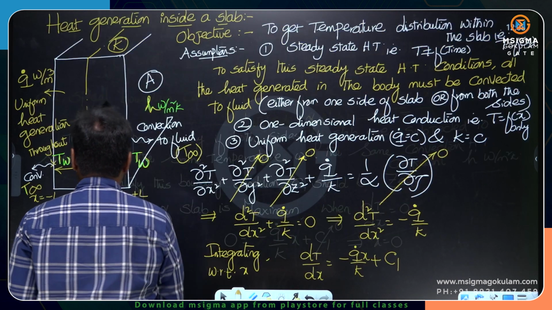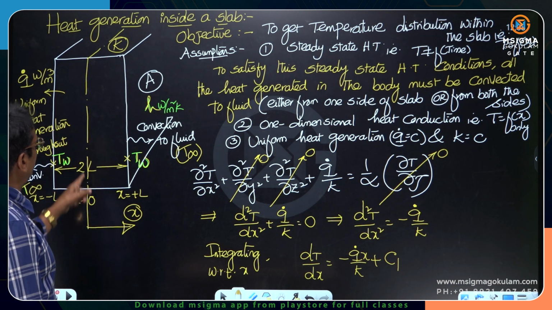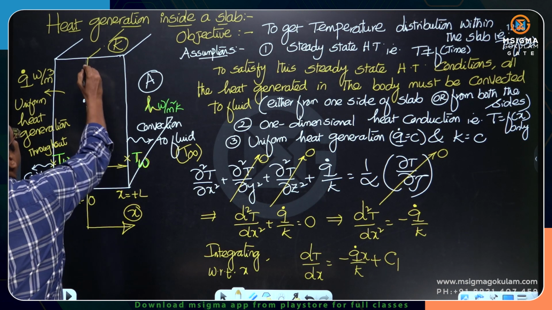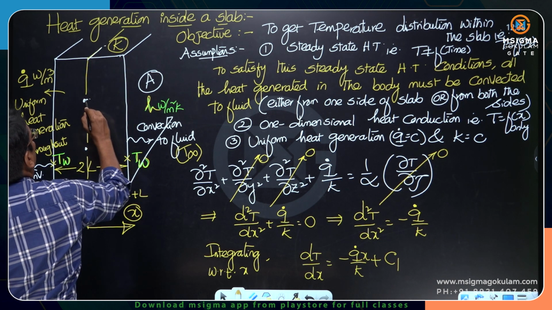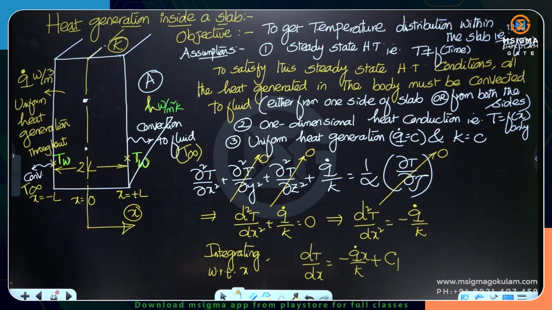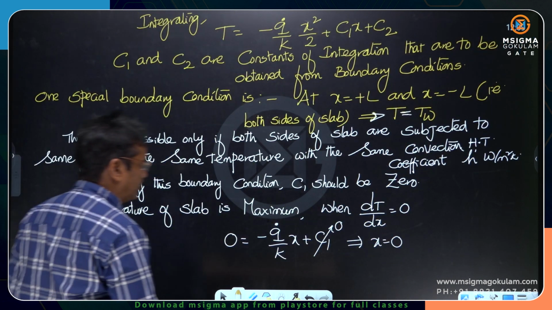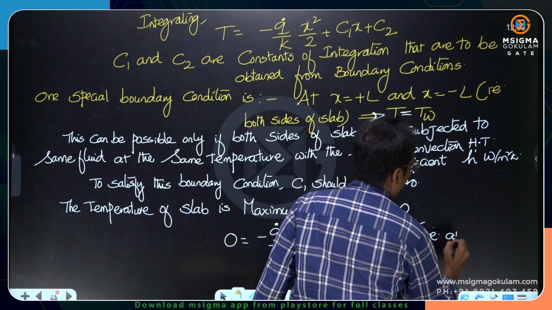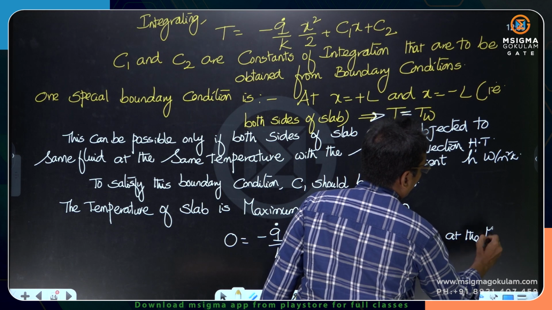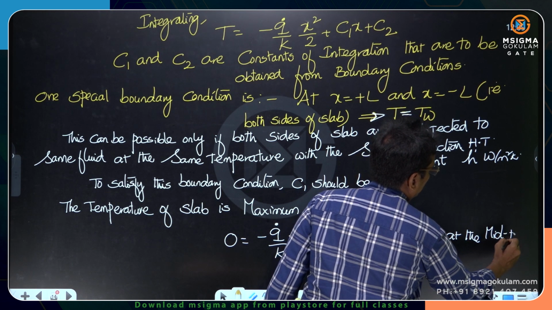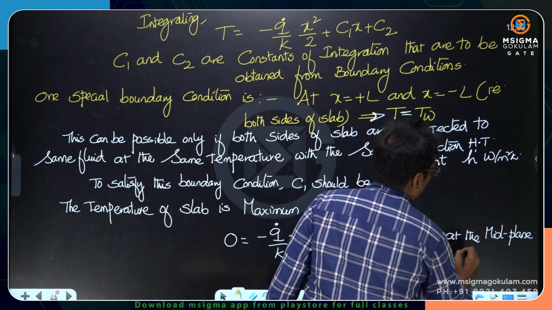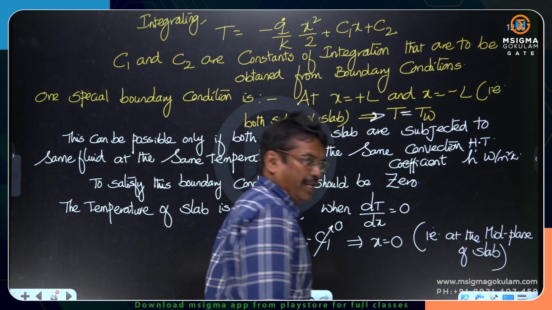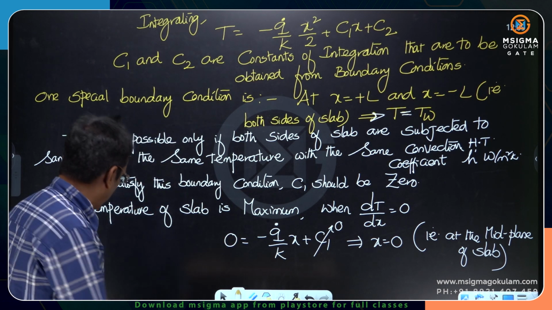If you look at the figure, that is at the mid plane, the center line. That means we see the maximum temperature of the slab at the mid plane of the slab.